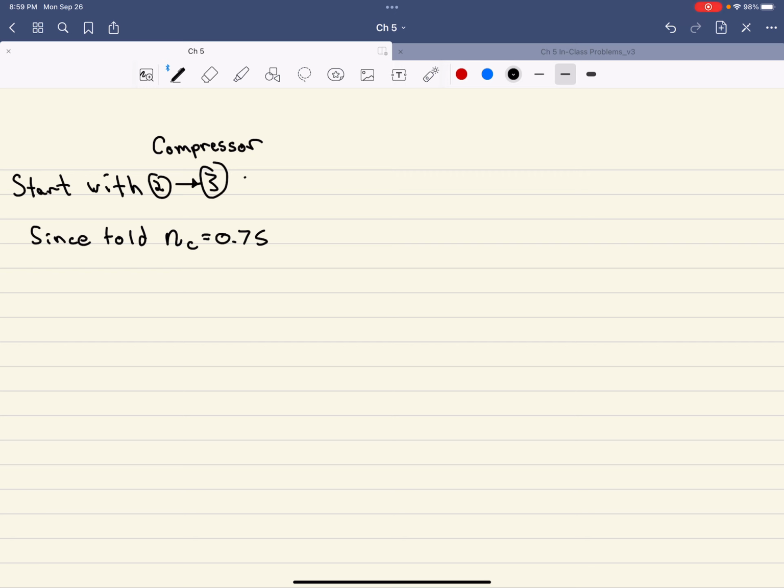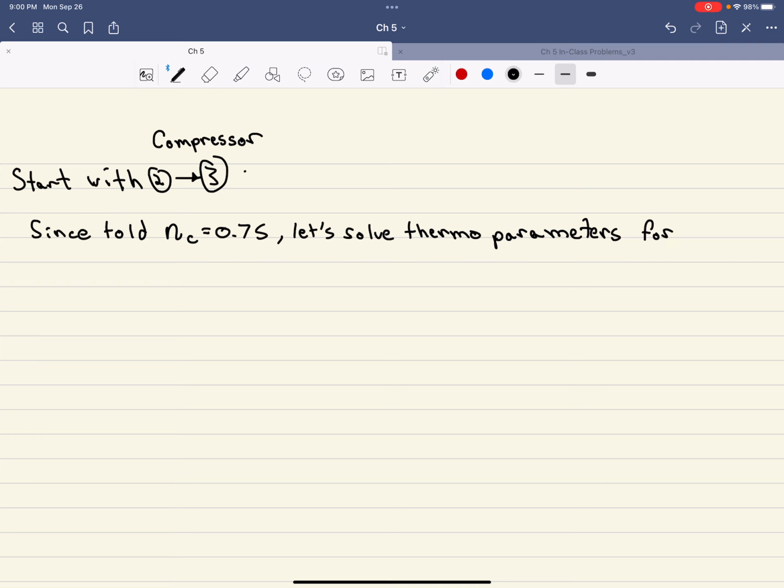Okay, so let's solve thermo parameters for the reversible compressor, and then after we do that, we're going to solve for the irreversible case.